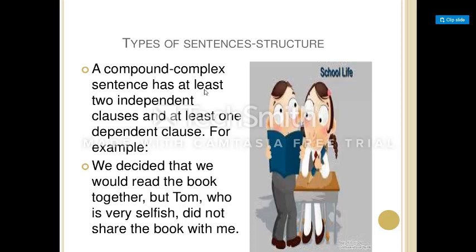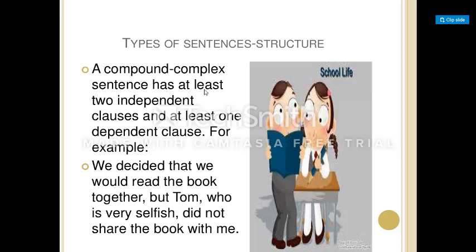The next we have talked about is a complex sentence. A complex sentence is a sentence with at least one dependent and one independent clause joined by a subordinate conjunction. And we have talked about a compound complex sentence.